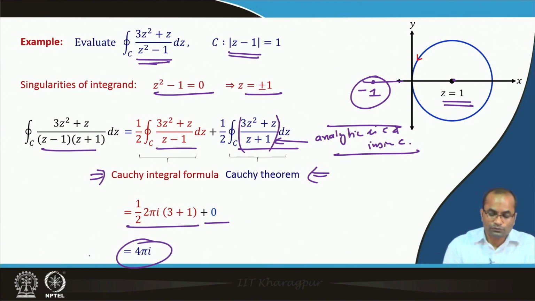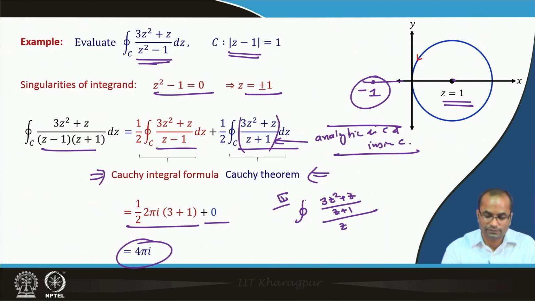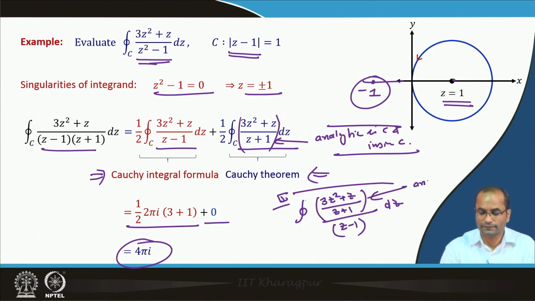Or another approach, it could be that the given integral we can write as 3 z square plus z over z plus 1 altogether, and then we divide by z minus 1, and then dz. If we consider this integral now, this will be our function divided by z minus 1, because this is now analytic in our domain.